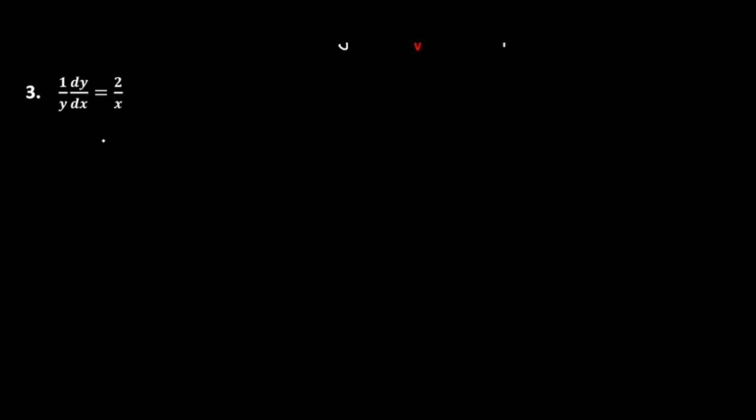So if we want our left hand side to contain just y, then we have to multiply all through by dx. If we multiply all through by dx, we are going to have dy all over y times dx divided by dx equal to 2 all over x times dx.